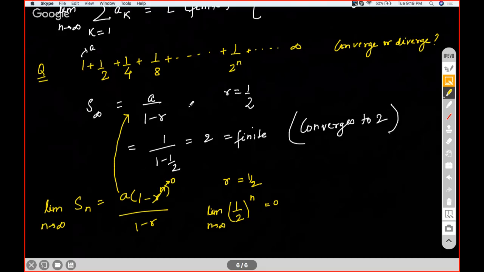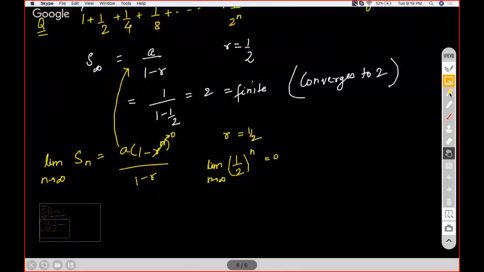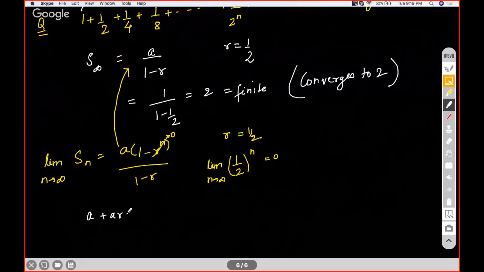So there is a general theory that we normally tell you in your sequence, series, and progression class of your CBSE, that if you have a series like this, where mod r is less than 1, then it would be a convergent series.